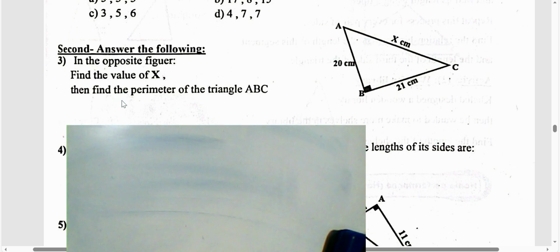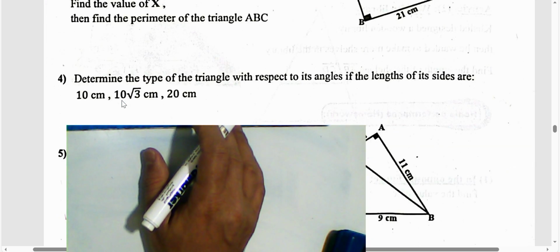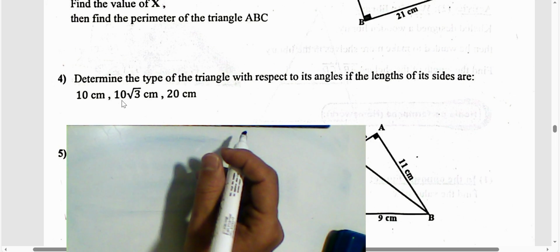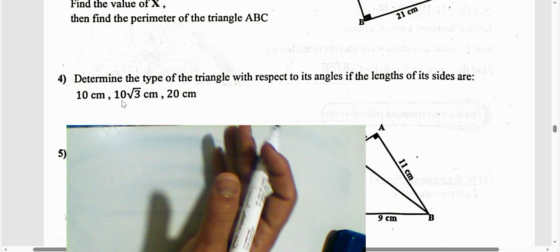Next question here, number 4. Determine the type of this triangle with respect to its angles, if the lengths of its sides are 10, 10 root 3 and 20.